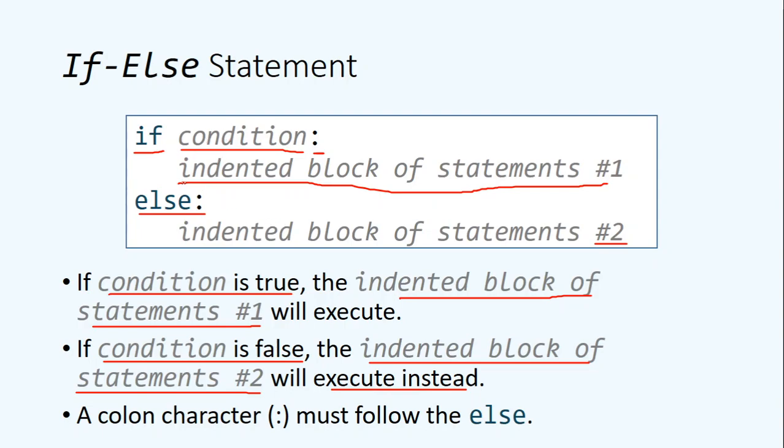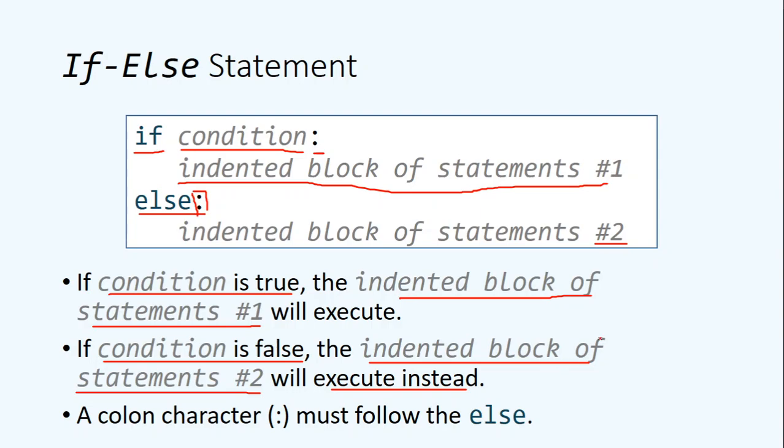Previously in the if statement, we did not actually care about what happens when it is false. An if statement alone does not allow us to do something when the condition is false. But now with the else clause, we are able to specify what will be executed if the condition is false. And consistently with the if clause, there is a colon that is required to end the else keyword.